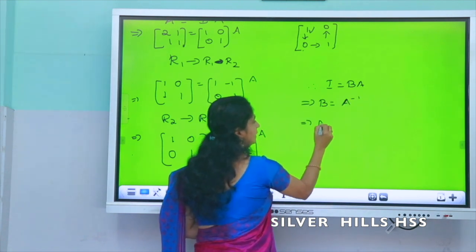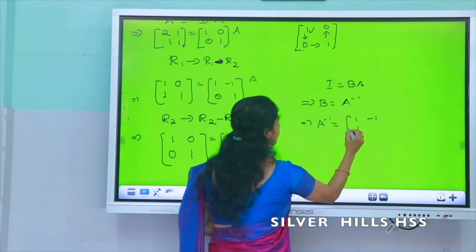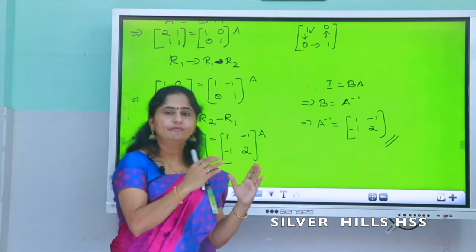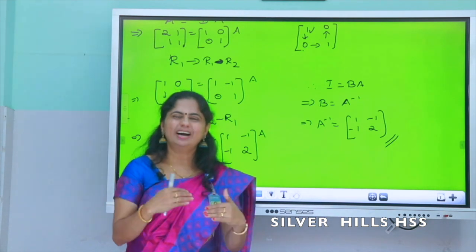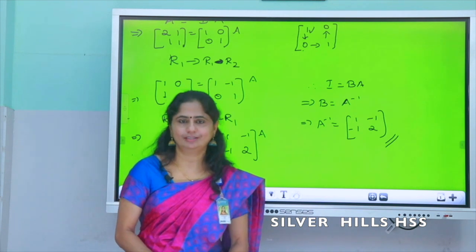That is, A inverse is nothing but 1, minus 1, minus 1, 2. So this is how we are reducing A is equal to IA in the form of I is equal to BA, where B is the inverse of the matrix.